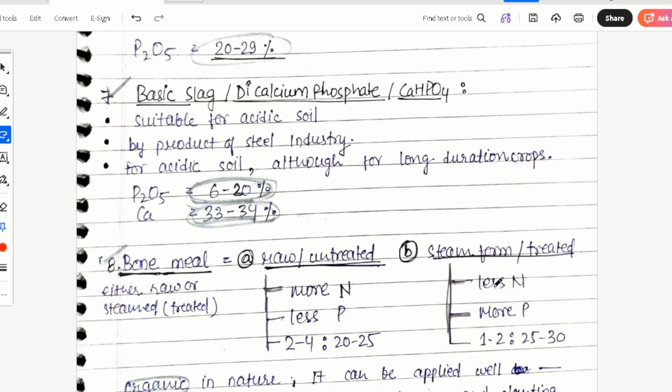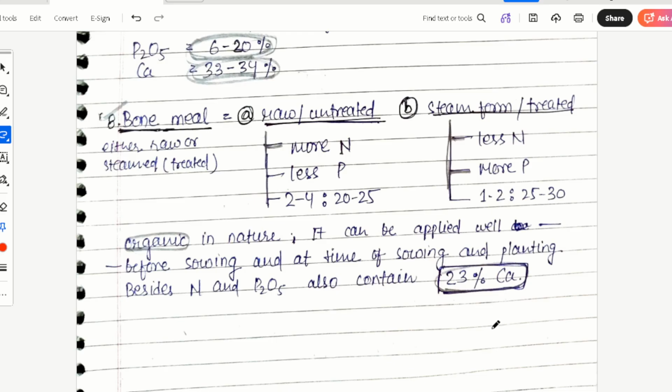In steamed form, there is less nitrogen and more phosphorus, 1 to 2% nitrogen and 25 to 30% phosphorus. It is organic in nature. It can be applied well before sowing and at the time of sowing and planting. Besides P2O5, it also contains 23% calcium.